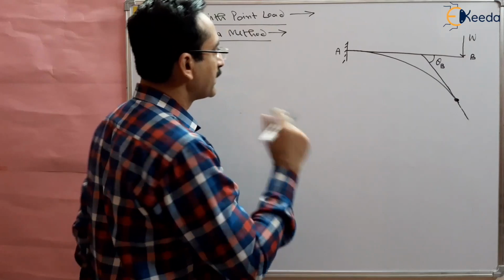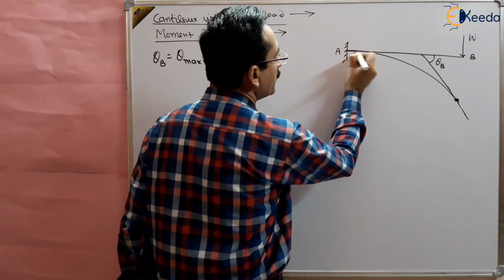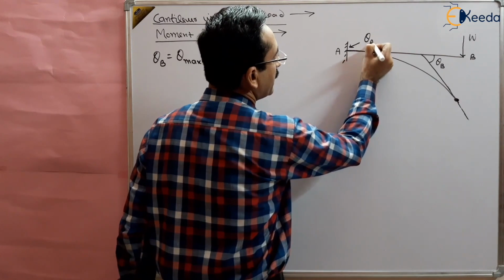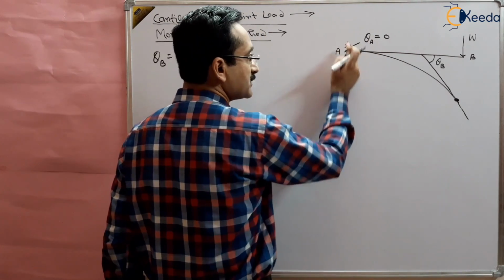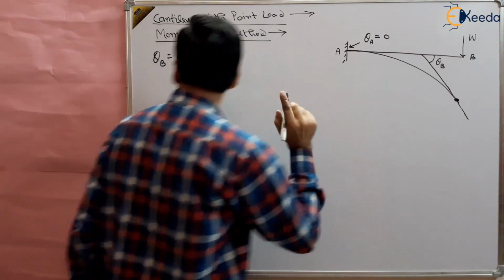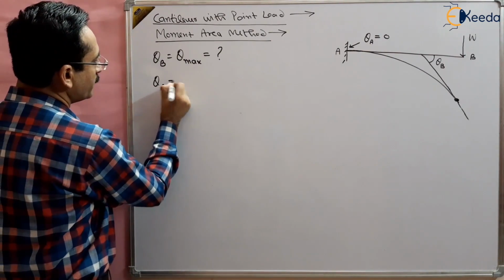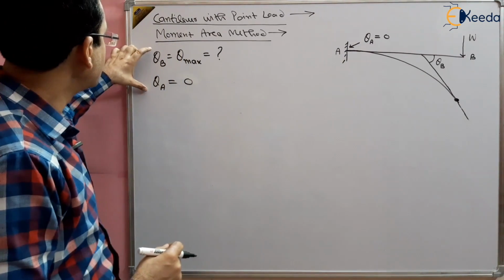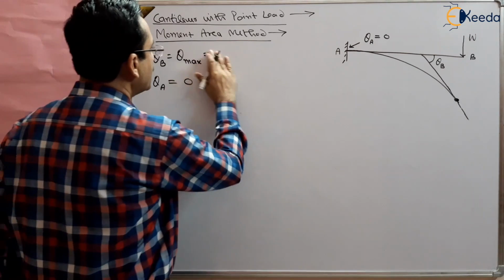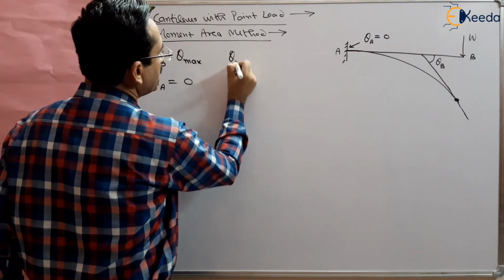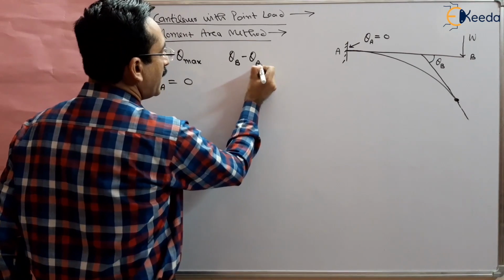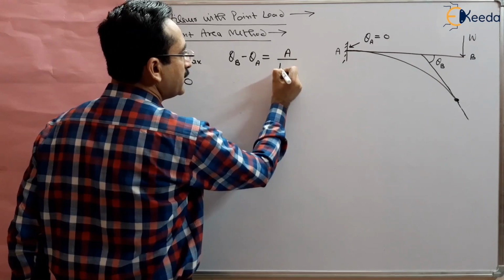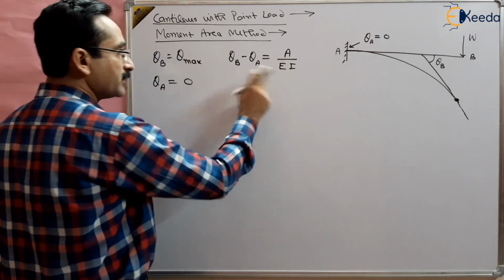We already know that the slope at point A is 0 for a fixed end. So theta A is 0. If I take this as a reference point, then we can take the difference between these 2 points. Theta B minus theta A is the area of the bending moment diagram divided by EI, according to Mohr's first theorem.